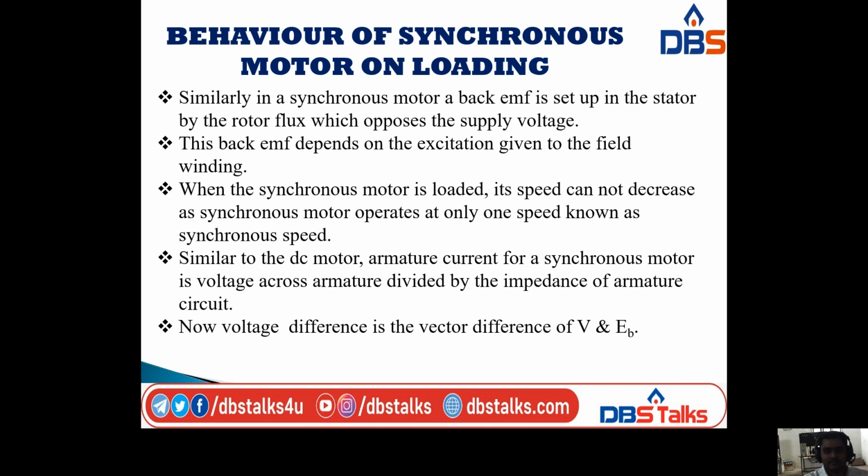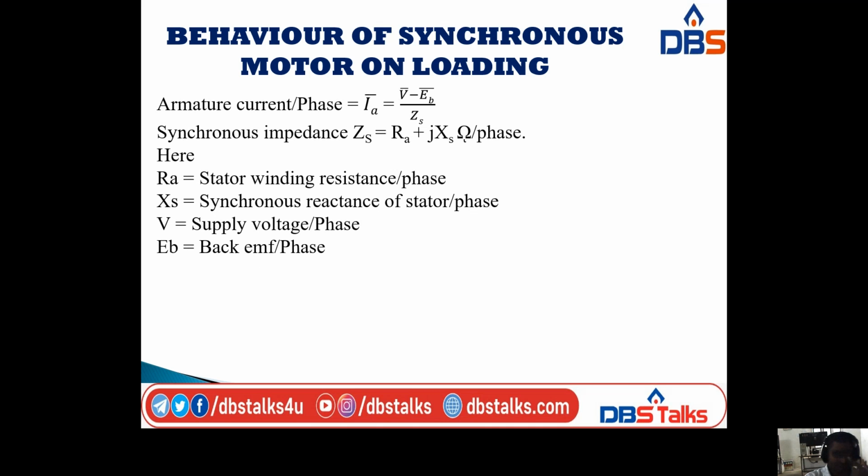Here the armature current per phase is IA bar equal to V bar minus EB bar by ZS bar.